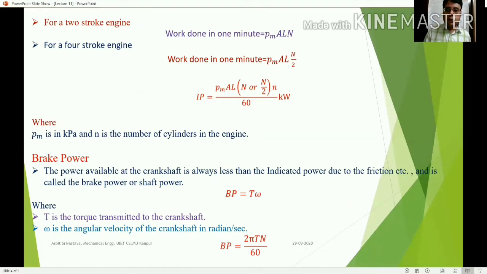But if we want to calculate work done in a particular time, you have to multiply this expression with the RPM term. In the previous slide we discussed that for a 2-stroke engine the RPM requirement is N.